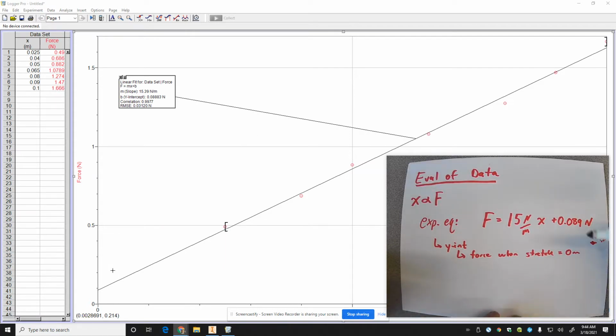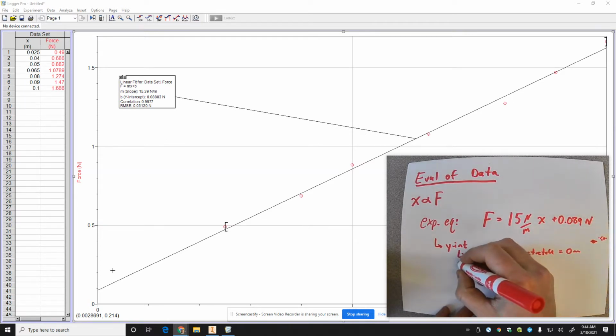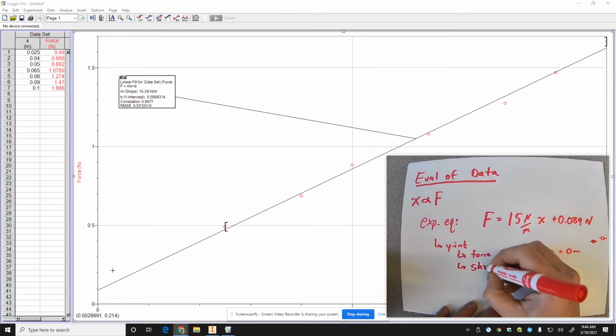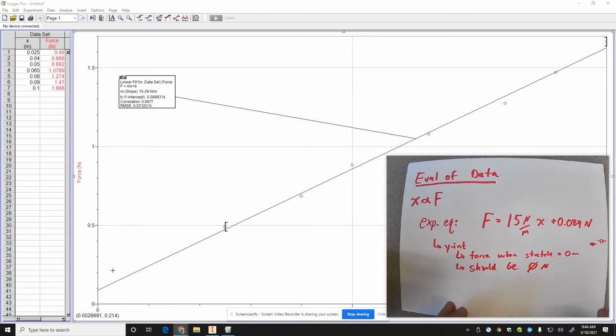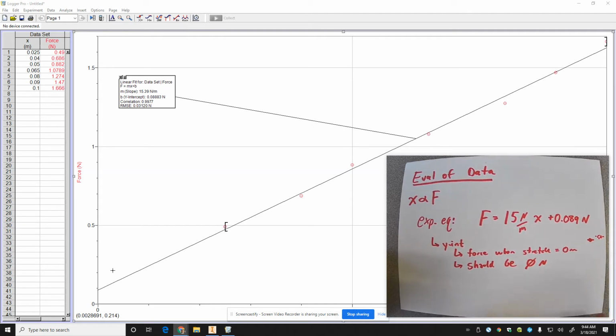But anyway, this really should be 0. It has no specific meaning. It should be 0 newtons. If there's no force, it shouldn't be stretched. So again, either the force of gravity acting on the spring itself is stretching it a little bit, or your initial zero location was not that accurate.